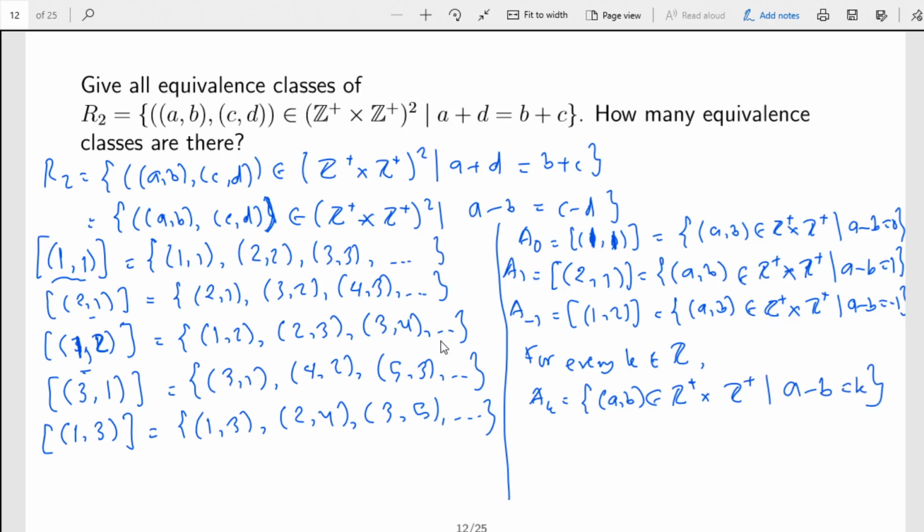So the number of equivalence classes that we obtain from R2 is infinite, and actually the same as the cardinality of the set of integers. So you have these equivalence classes from R2. Now we stop here and we continue in the next video with some properties of the equivalence classes.